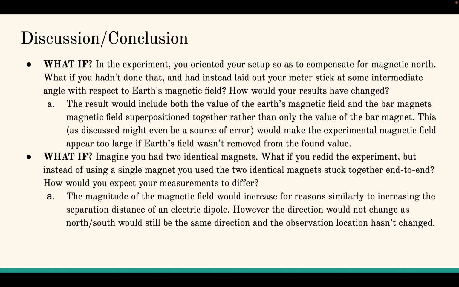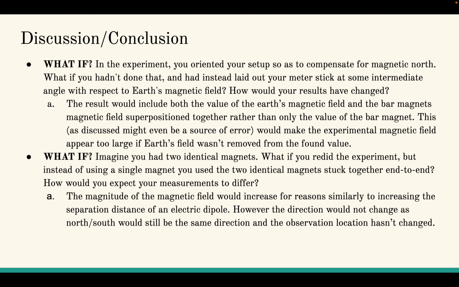So for the discussion questions, if we orient the setup so the Earth's magnetic field is anywhere besides the y-axis, then the magnetic field that we record is going to be a superpositioned version of both the bar magnet's magnetic field and the Earth's magnetic field. This would make the magnetic field we calculate too large because it's including a secondary magnetic field in there. So that was also one of the potential sources of error that I mentioned a minute ago.